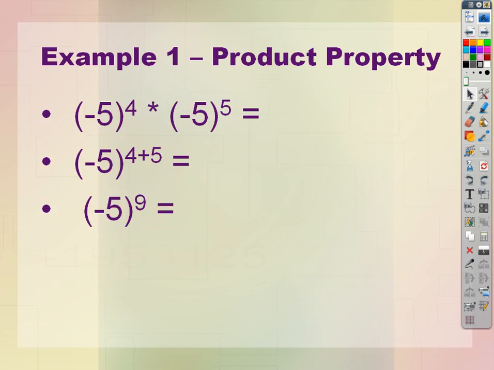Notice that a negative number to an odd power is negative. When I multiply those together, negatives times negatives make positives, but if I have an odd number of 5s being multiplied together, I'm going to have pairs and one oddball left over. If I have 9, I'd have 4 pairs and 1 left over to make the overall sign negative. Does that make sense?